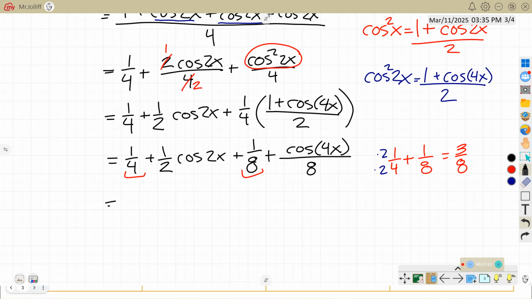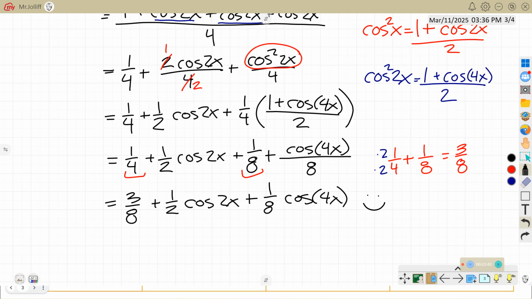When we add them, we get 3/8. We have our 1/2 cos 2x. We have our 1/8 cos 4x. Happy face.